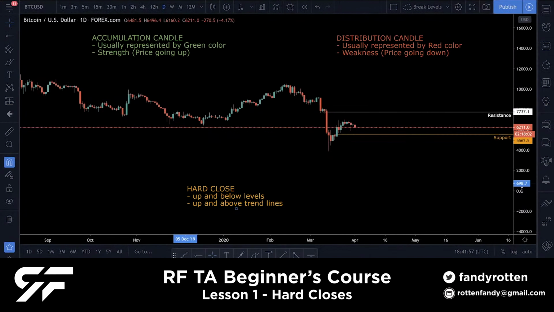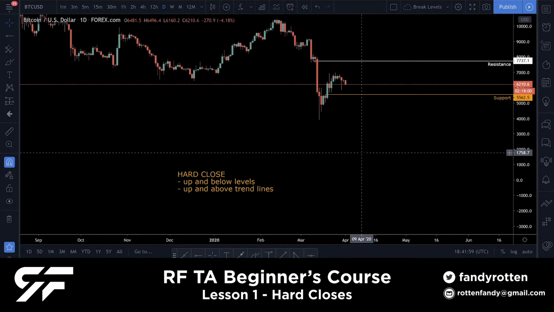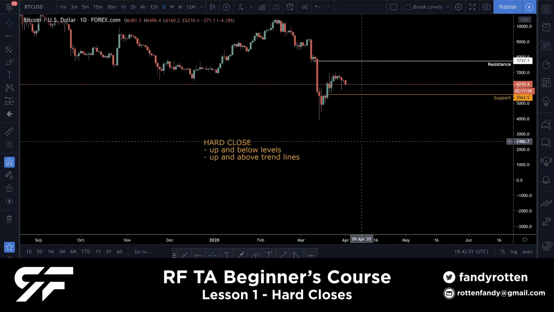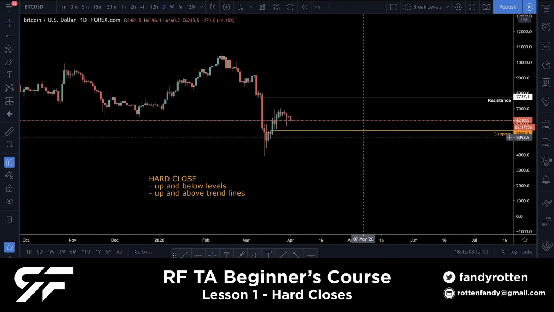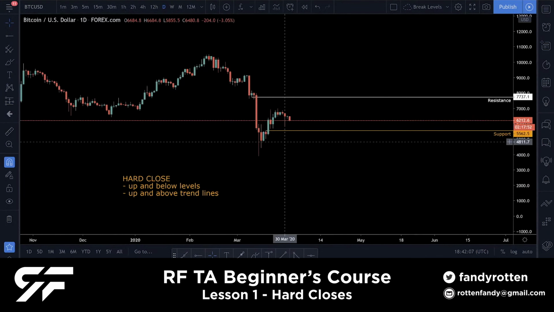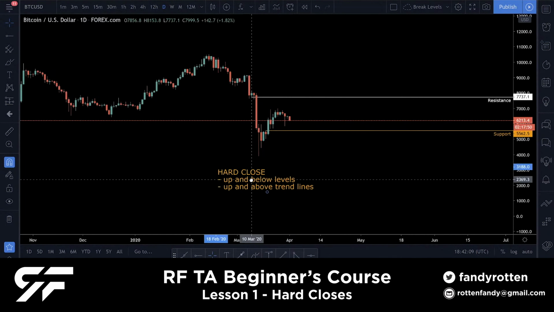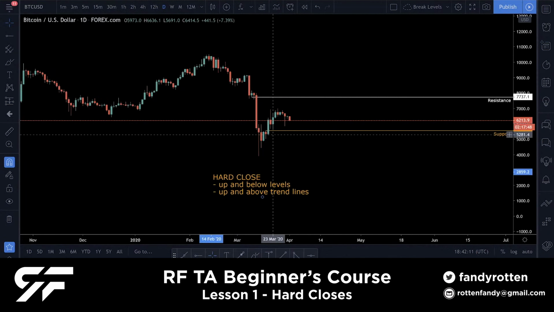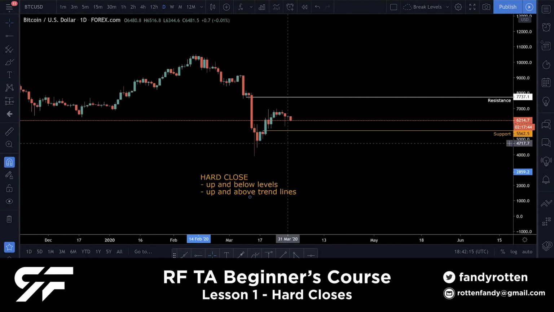For hard closes, what you have to remember is if we're talking about a support, we want the green candle, the accumulation candle, to be above that line. But when we say above that line, we mean the bottom of the body has to be above that line, not the peak. Remember from the drawing.